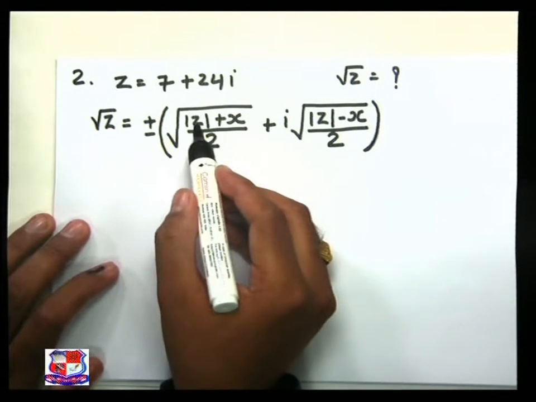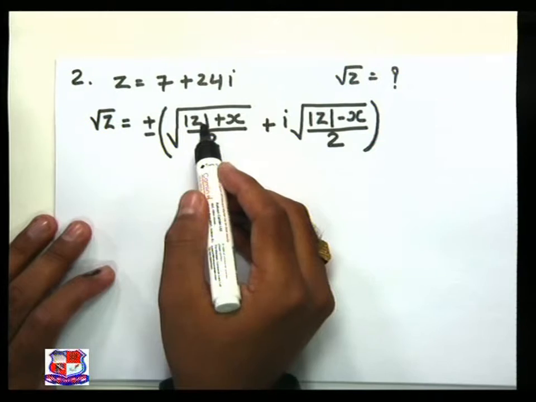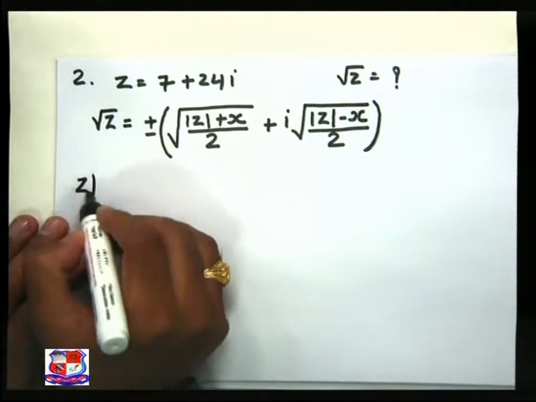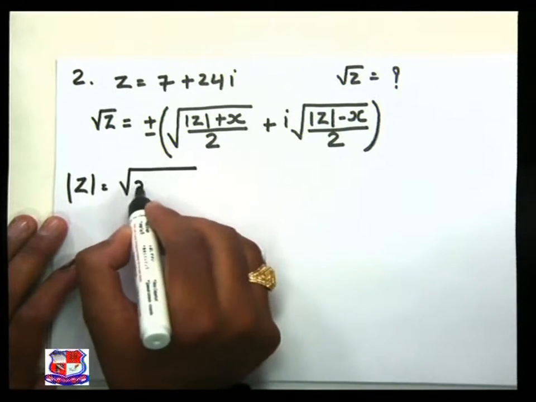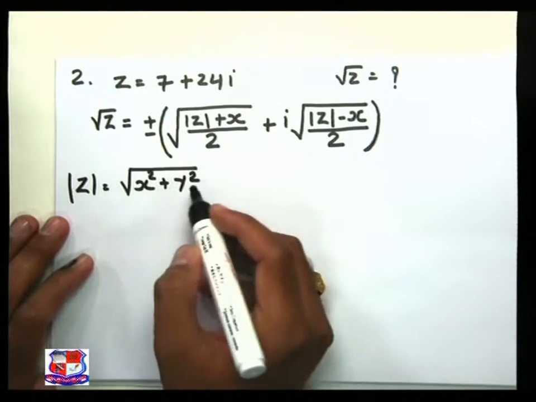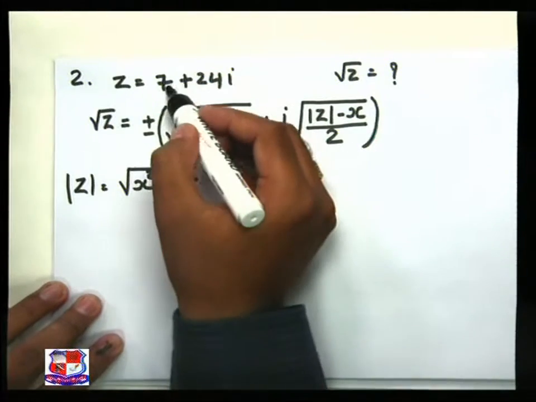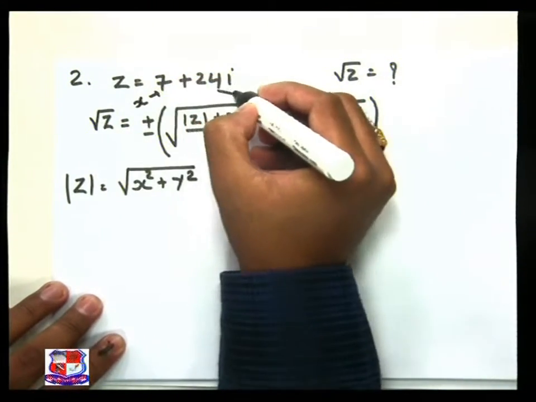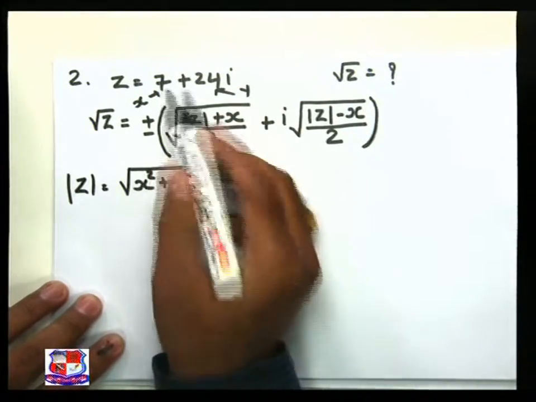Now in the same way we want to find out first of all mod of z. So mod of z value is nothing but under root of x square plus y square. So x value is 7 and here y is 24.